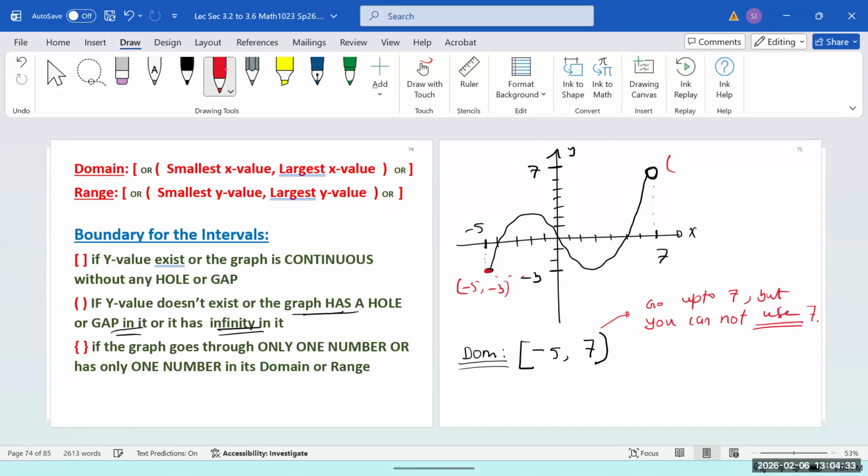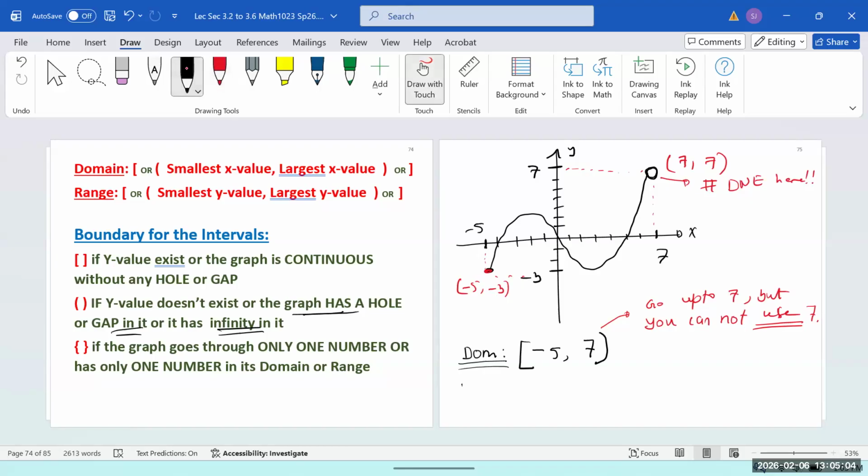Remember, x comes from below. And what is your y value? 7. So at 7, 7, we don't have any closed circle. We have a problem. We have a hole. And hole means the number doesn't exist here.